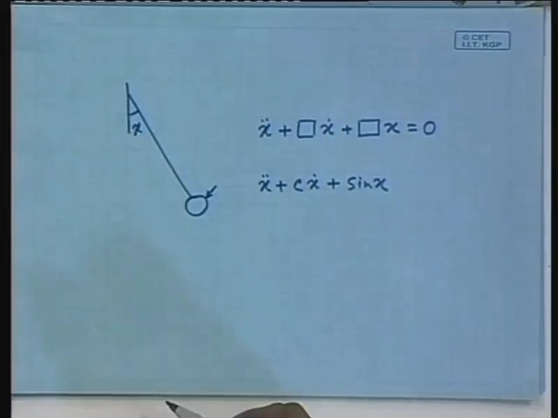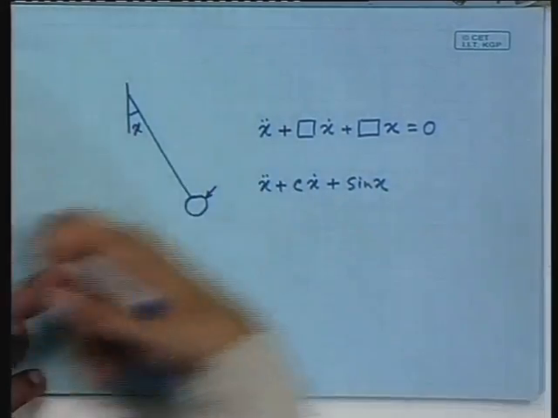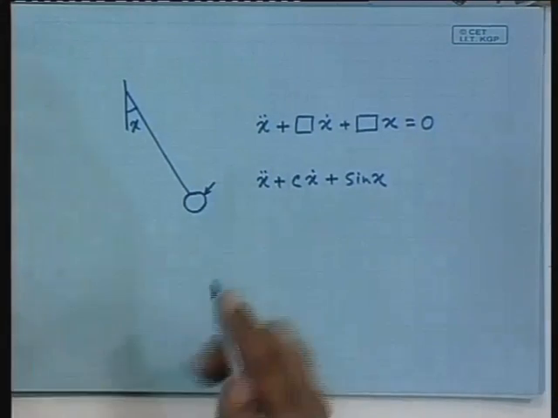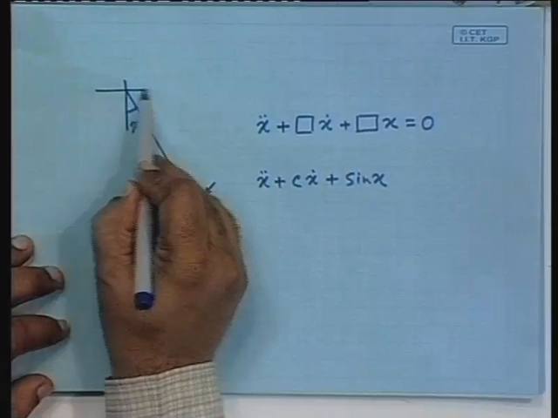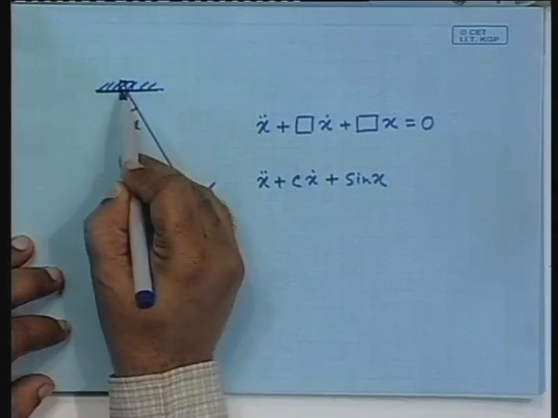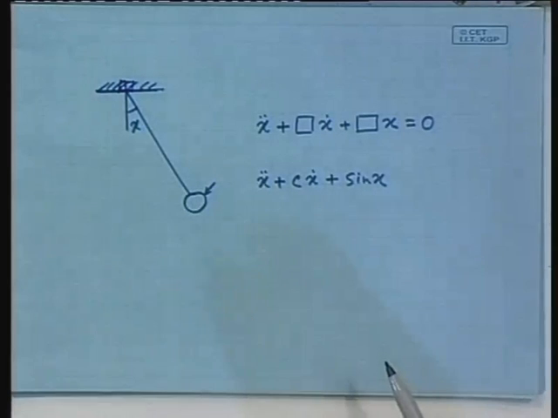Suppose you have a forcing function that applies a force like so in the tangential direction. You might do it like this: you have a point of suspension, and suppose this point of suspension is moved. That is one kind of forcing. That means the pendulum is hanging and here is a point of suspension and that is being moved.